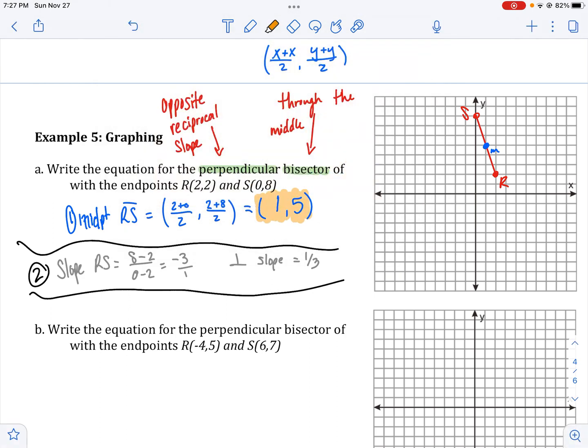Through that point with that slope, I'm going to have to use my point-slope formula: y minus y1, and the y1 was 5 for my midpoint. y minus y1 equals m times x minus x1. Right, and we could simplify that. I could distribute the 1/3 and then add the 5. We could do that. For right now, I'm just focused on getting to that point.